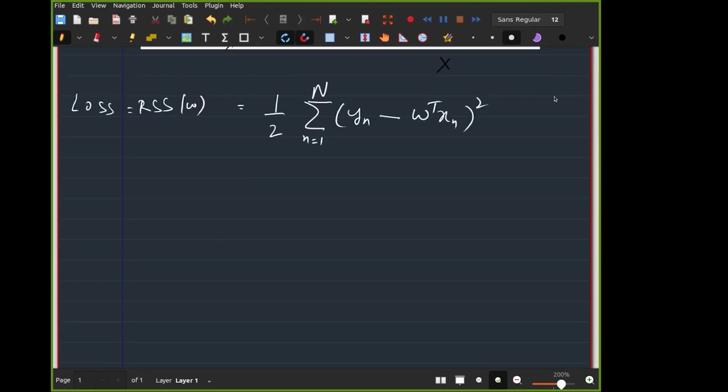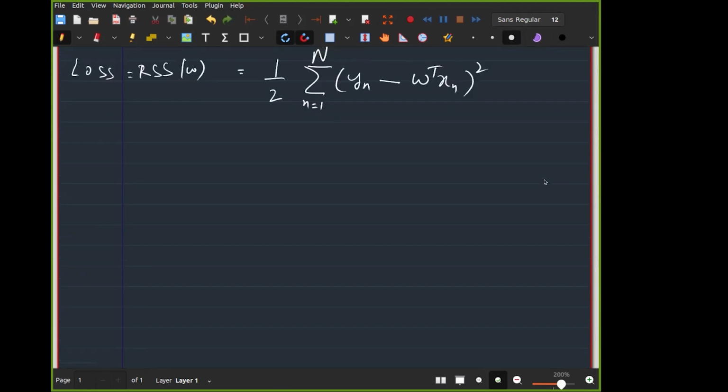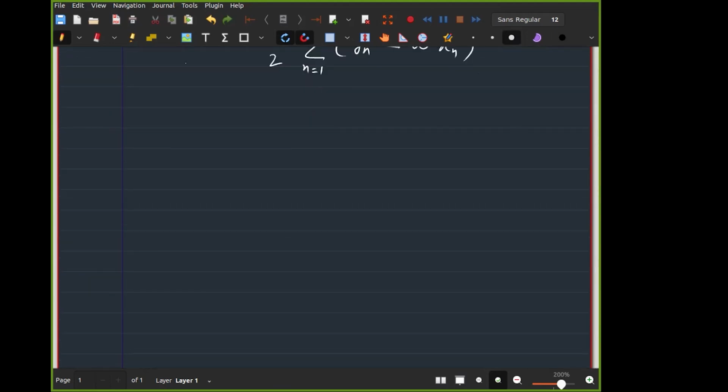Now the next thing is, where is it coming from? One way to look at it is, if you assume these vertical lines are epsilon, then epsilon is distributed according to a normal distribution with mean 0 and standard deviation sigma, or variance sigma squared. So that's the idea.